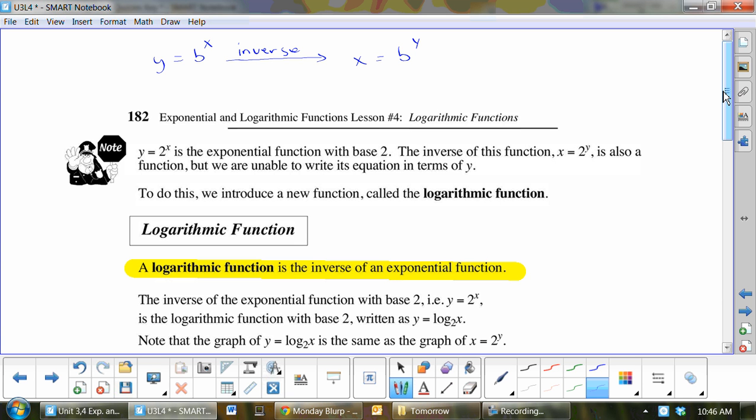So you need to understand why we need something now. Not just, we're going to learn something now, and you don't get a need for it. So the question is, I need to get this to y equals. So I'm going to take this and change it to this form, y equals log b of x.